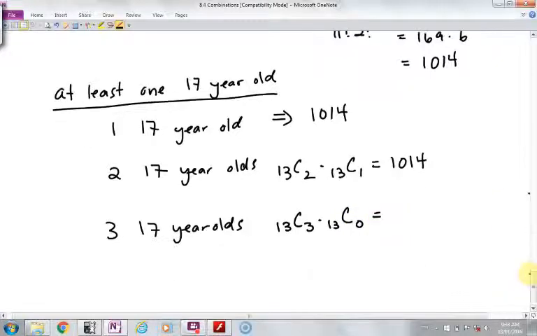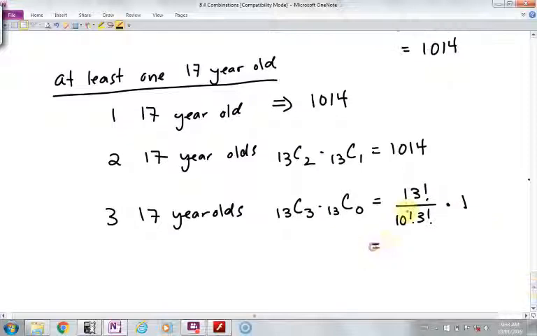How many ways can I choose 3 students from 13? 13 factorial over 10 factorial 3 factorial times, what's 13 choose 0? 1. So I need to work out what that is. 13 factorial divided by 10 factorial is 13 times 12 times 11.